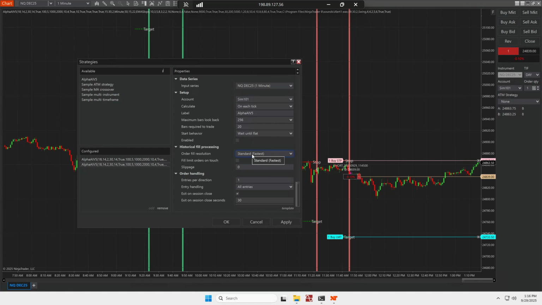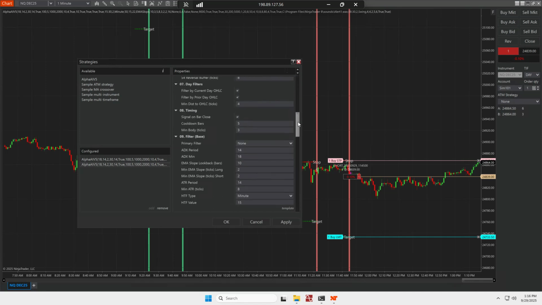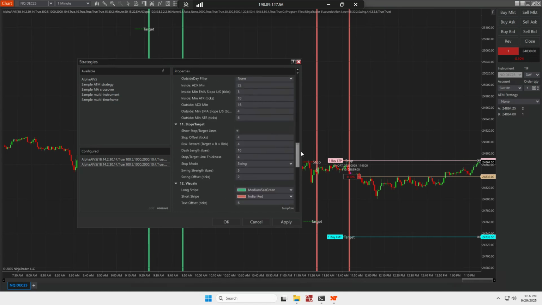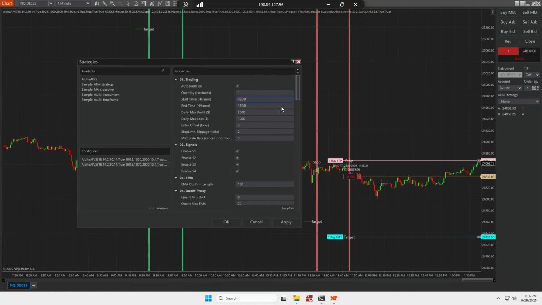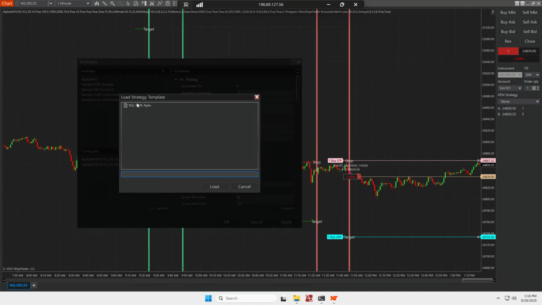The promising thing about this system is it has a huge amount of options, filters, things you can change and add. It is crazy. You can spend weeks and weeks back testing this with different templates, different markets, different time frames. We came up with this 150K template after almost 6 months of back testing.